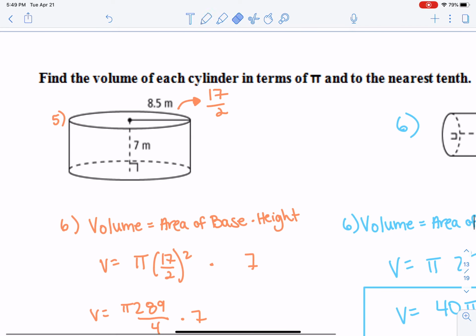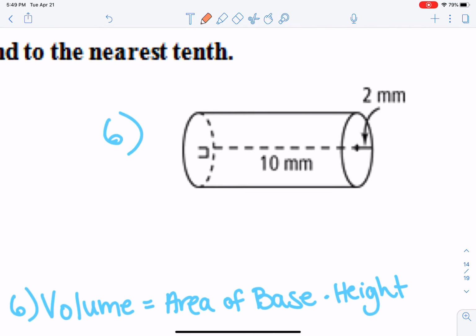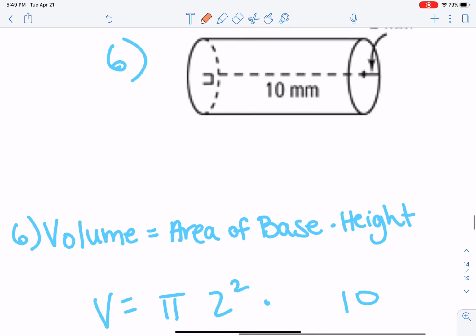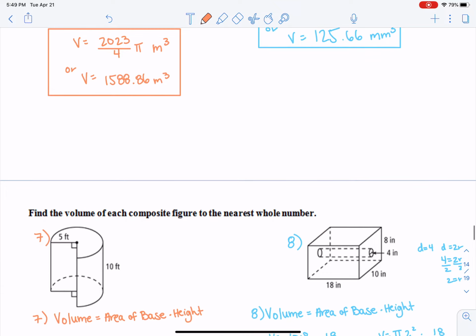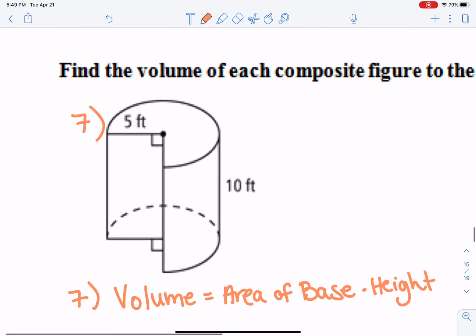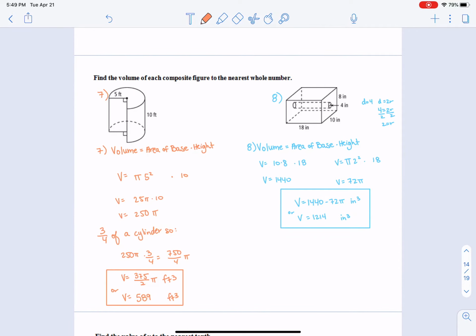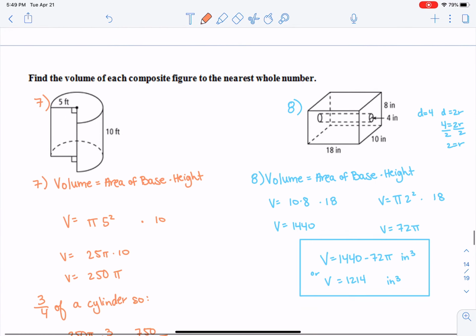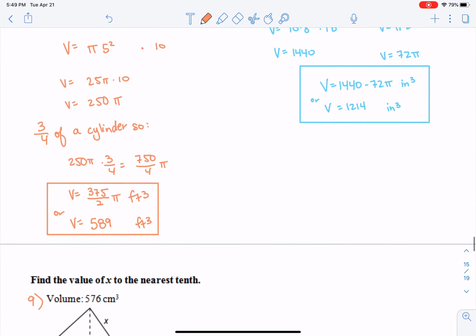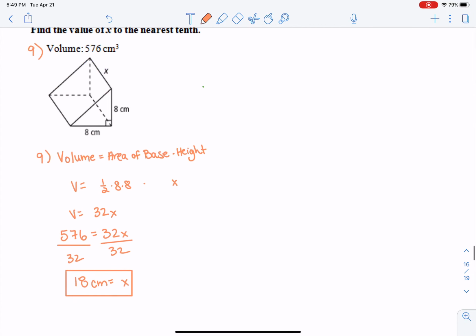And here is the answer for number 5. Here's number 6. And here's the answer for number 6. Here's number 7. And here is the answer for number 7. Here's number 8. And here is the answer for number 8. Here's number 9. And here's the answer for number 9.